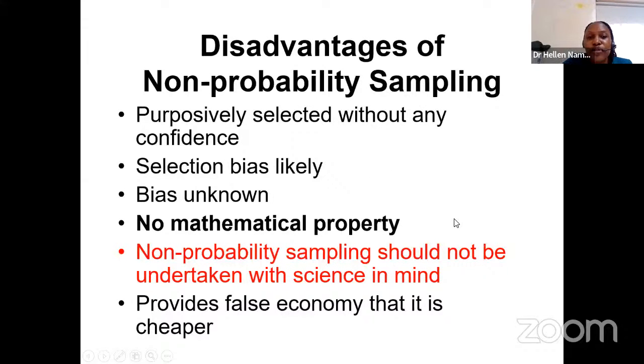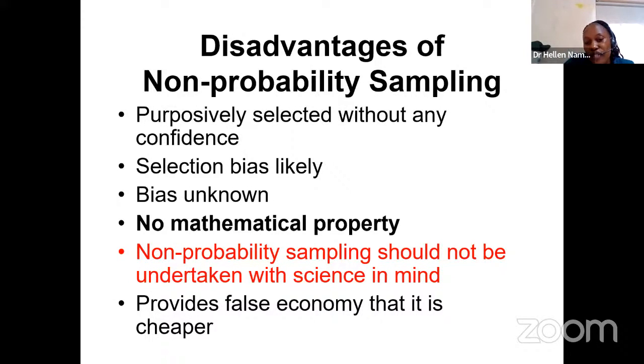Yet when it comes to non-probability sampling, these are purposely selected without any confidence, because by the end of the day, as we're going to look at in the various examples within non-probability sampling, like convenience sampling, it is at your convenience. You start somewhere and you start conducting your survey of what you want. So most of the time, the selection within the survey is likely to be biased.